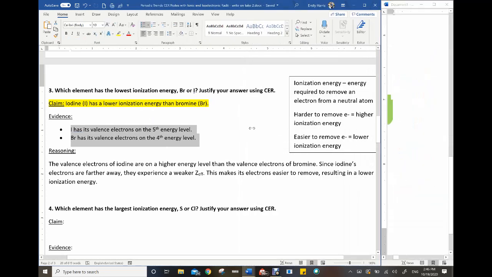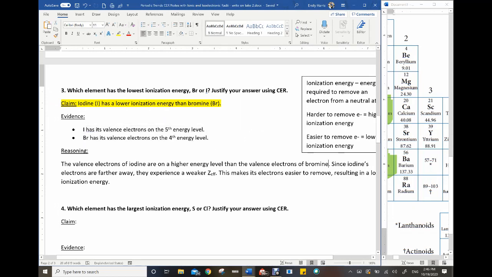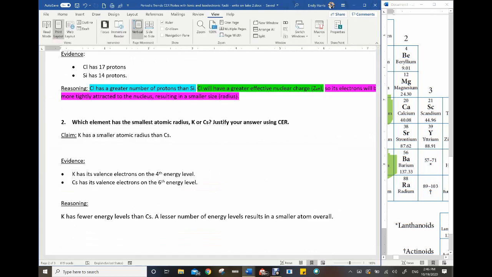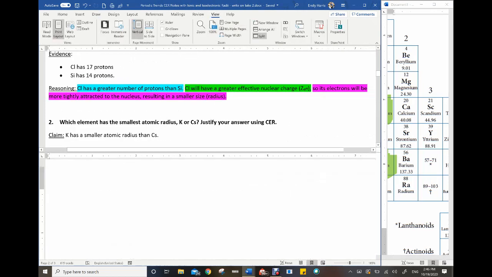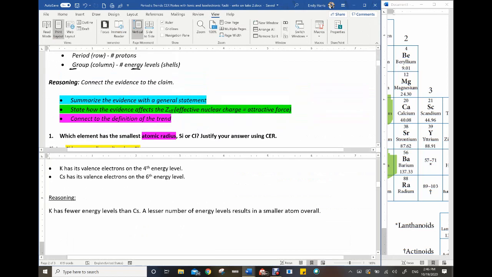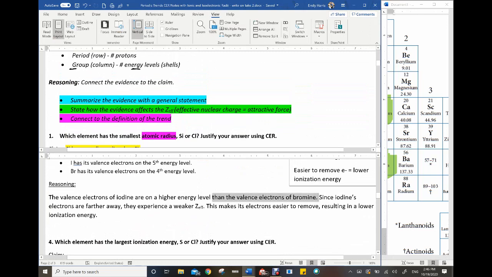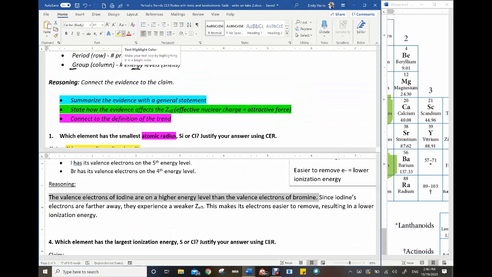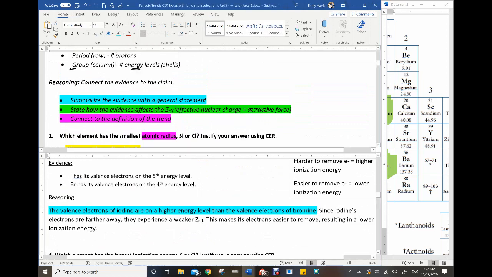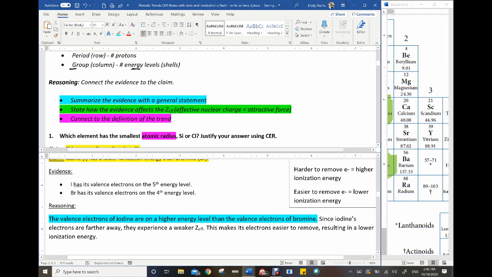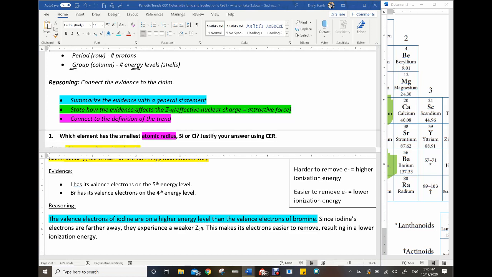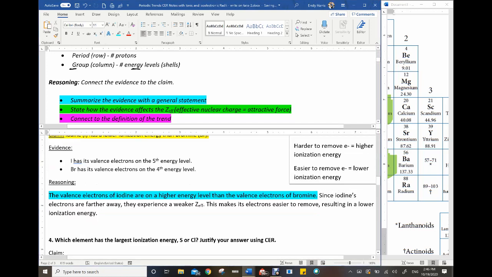So now we're ready to connect that to our reasoning. So in our reasoning, let's split our screen so we can see our outline here. With our reasoning, we want to start by generally summarizing our evidence. So our evidence said that in general, the valence electrons of iodine are on a higher energy level than the valence electrons of bromine.